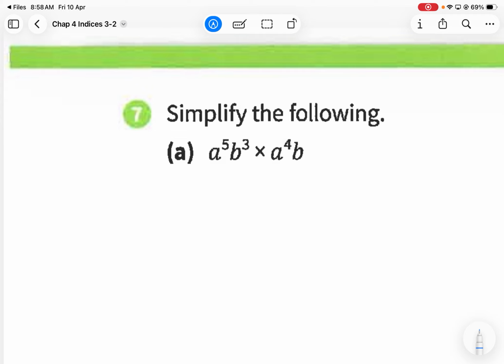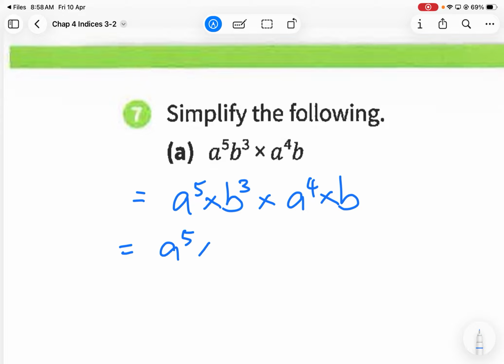Okay, question 7. I show you what is actually happening. Actually, a to the power of 5 b cubed also means a to the power of 5 multiply b to the power of 3. So when I multiply, I can just rearrange because all are multiplication.